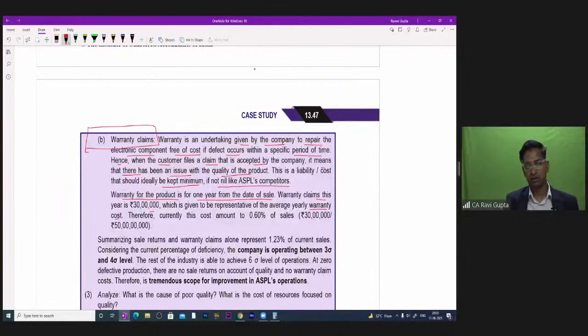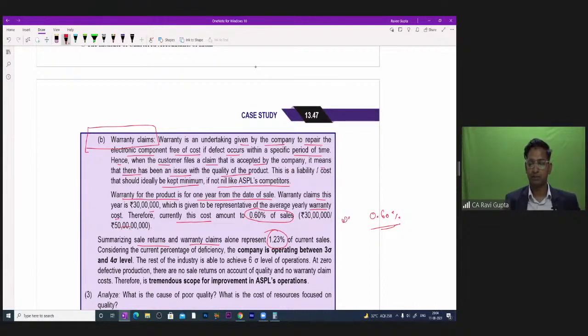Therefore, currently this cost amounts to 0.6% of the sales. So summarizing sales return and warranty claims together, they represent 1.23%. Warranty claim is 0.60%, right?